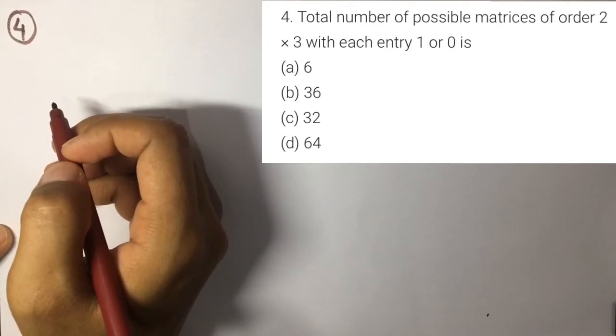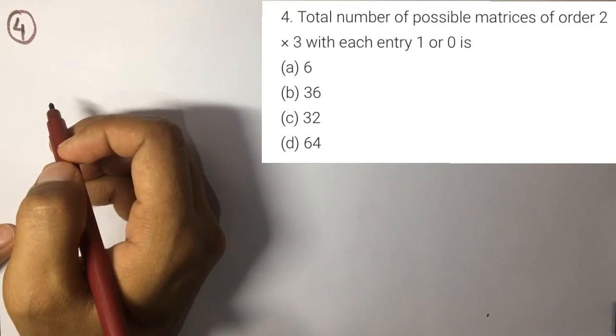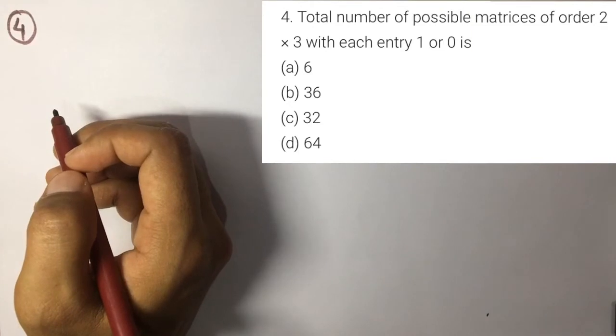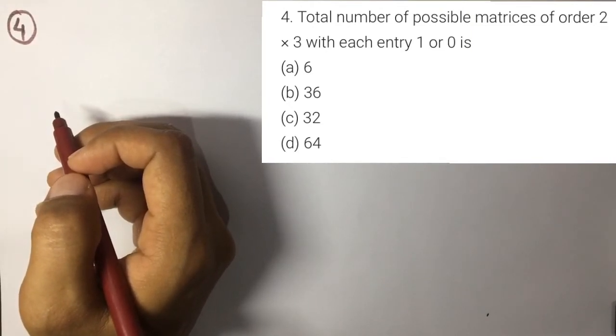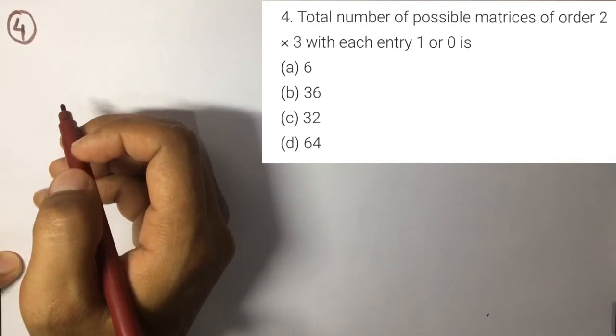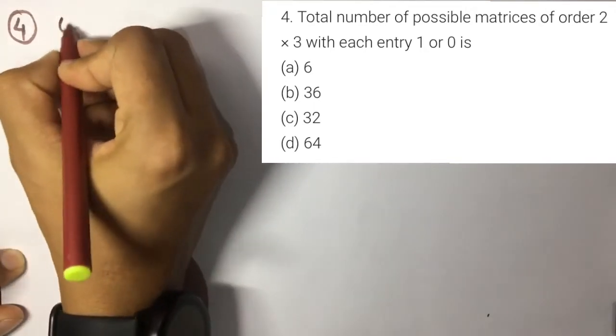So move on to the question number 4. Total number of possible matrices of order 2 cross 3 with each entry 1 or 0 is, options are 6, 36, 32 and 64. Okay, so we have given that the order of the matrix will be 2 cross 3.